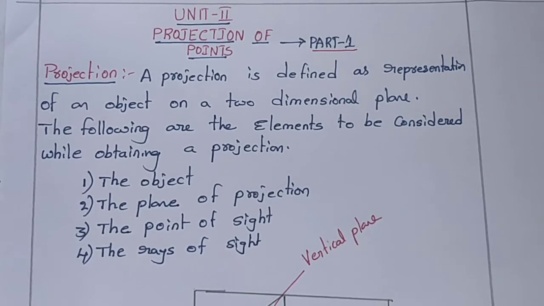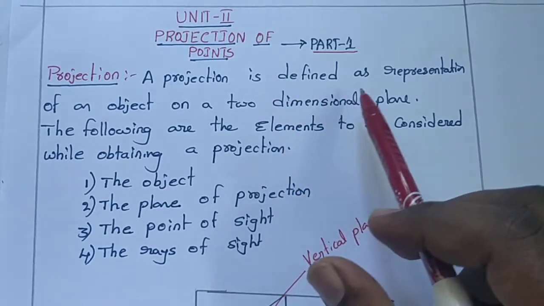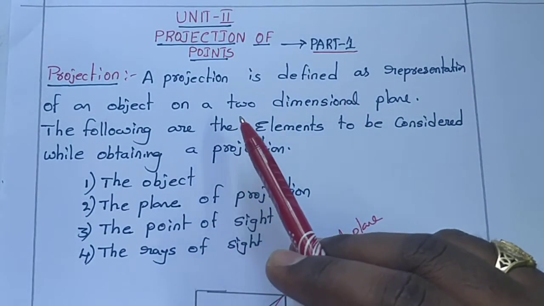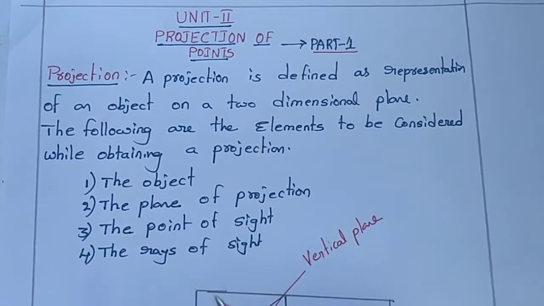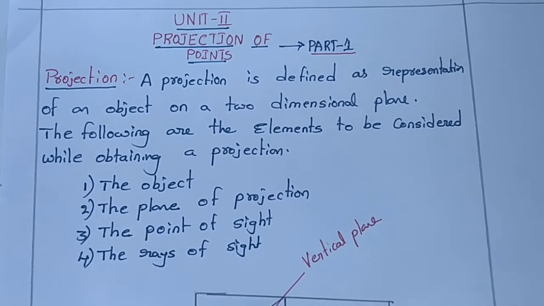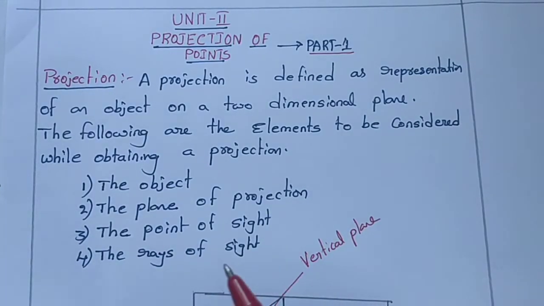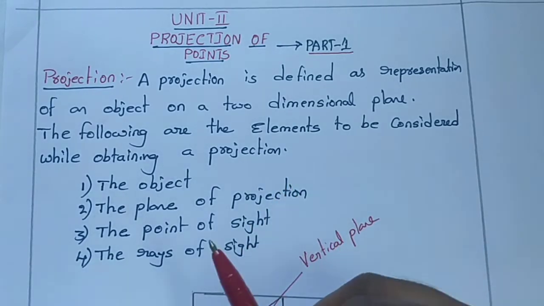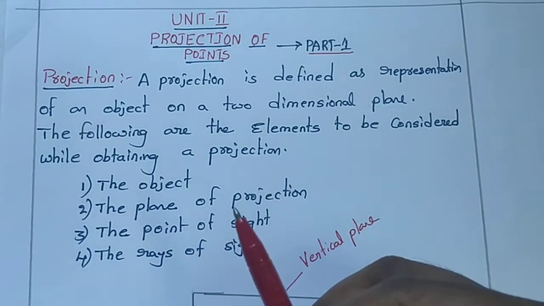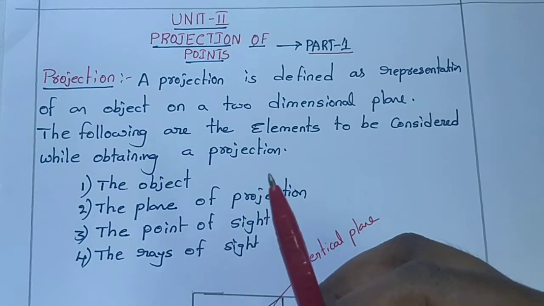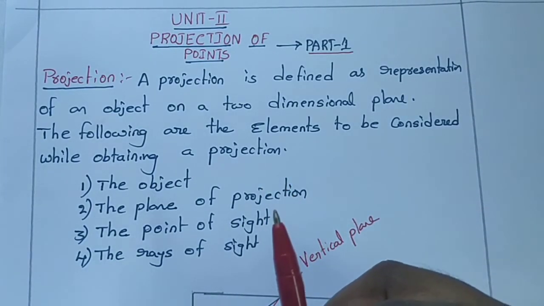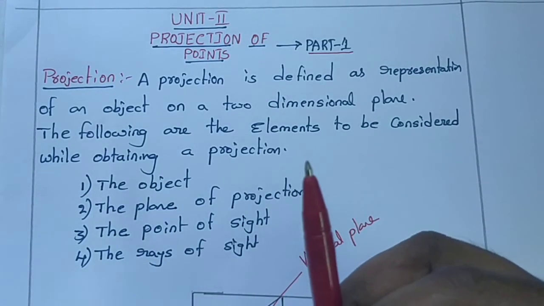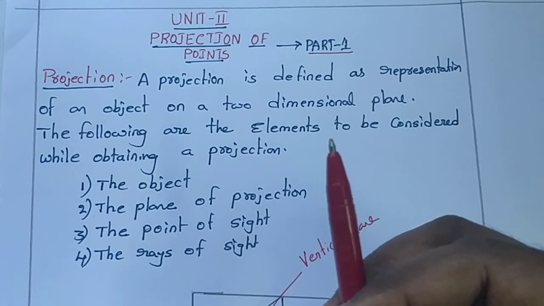Projection is defined as the representation of an object on a two-dimensional plane. Suppose an object is viewed in front of a light source or observer. The light rays or point of sight fall on the object, and that image falls on the plane.